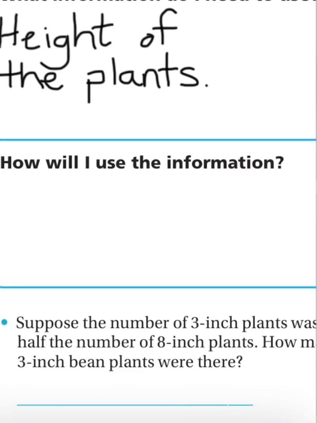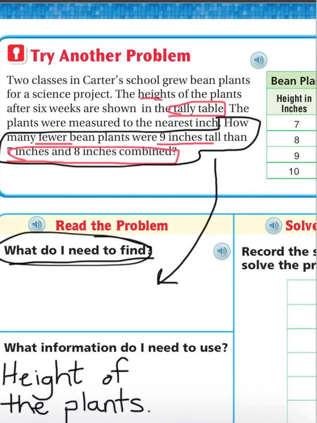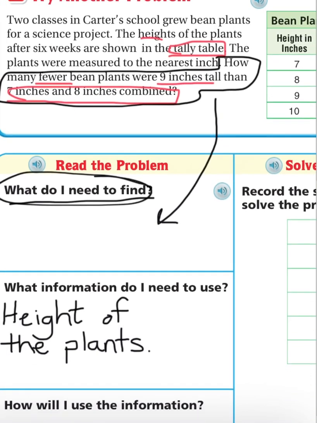And then the next question, how will I use the information? This is where we have to talk about our strategies. It does say how many fewer bean plants were 9 inches tall than 7 and 8 inches combined. So we know when we see fewer of something than something else, we will need to subtract, okay?